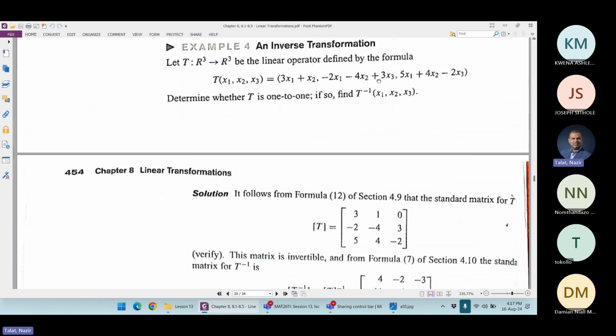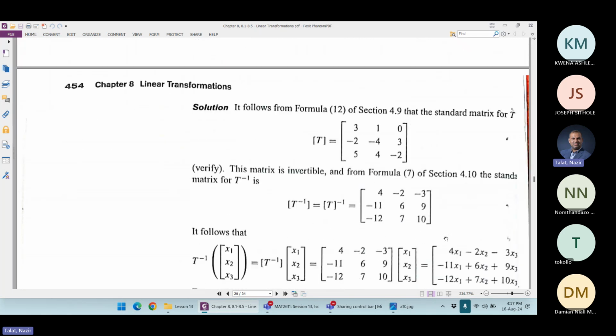If you have a linear operator, just obtain the standard matrix from it, from the form of its coefficients, taking the elements in the first row, second row, third row, and this is the matrix T. Then check whether the matrix T is invertible, that is, whether the inverse of T exists. If so, this transformation is 1-1, and one can find its inverse.